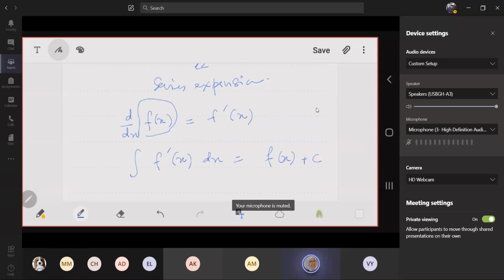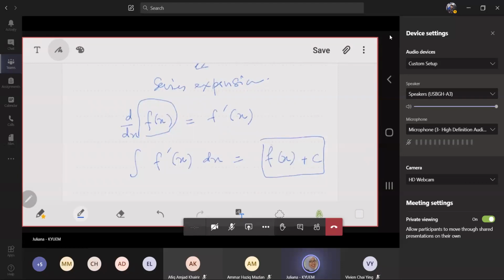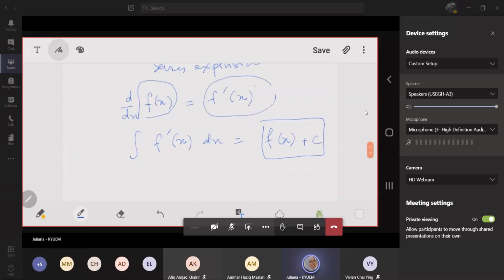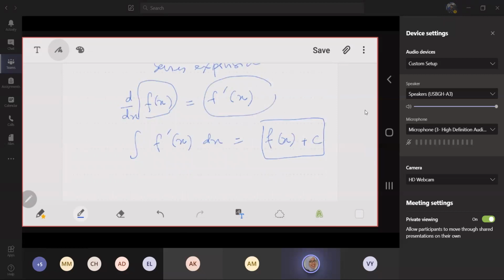Right. Okay, so sometimes they ask you to find the series expansion of this. They give a function, and a series expansion of this. So how do you find the series expansion of this?